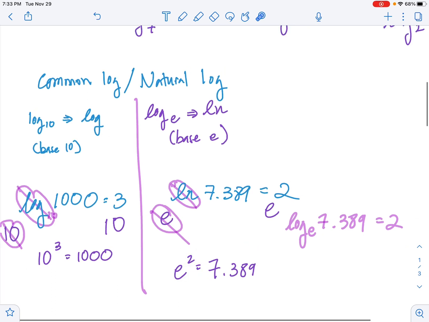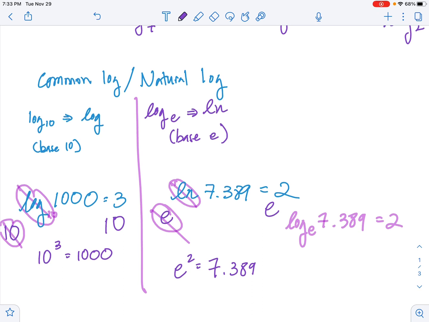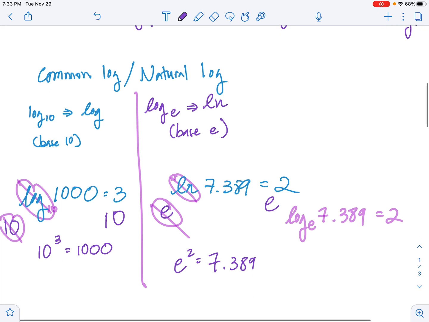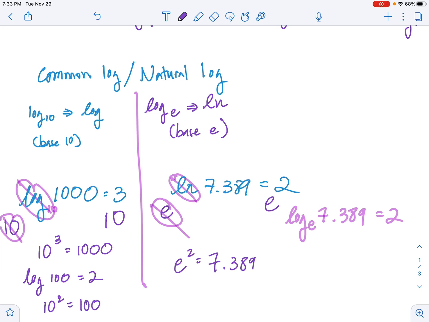Those are pretty much two examples of natural log and common log. I'll put two more here and you can check on your own to see if you got them right. If I did log of 100 equals 2, your answer should be 10 to the power of 2 equals 100.